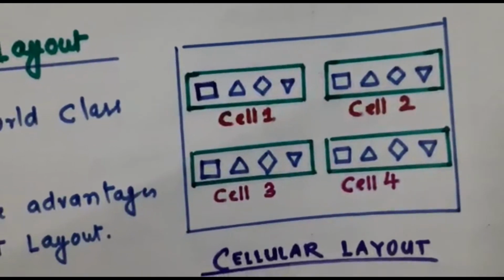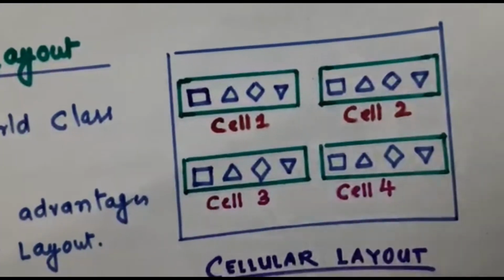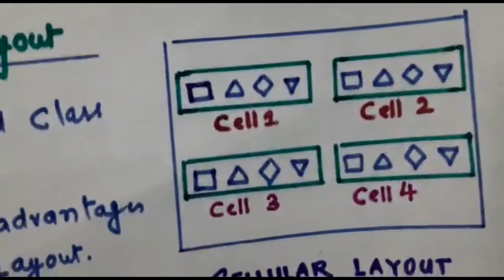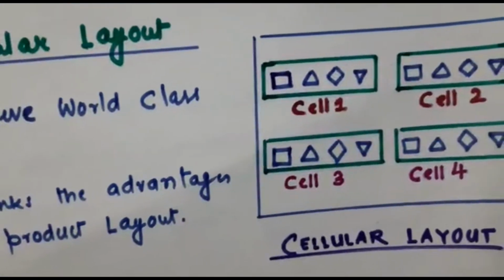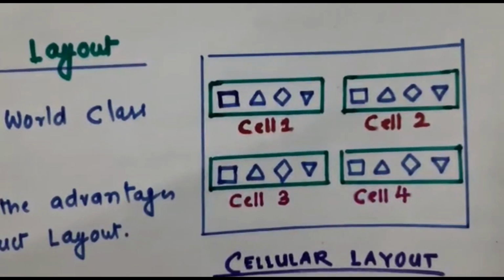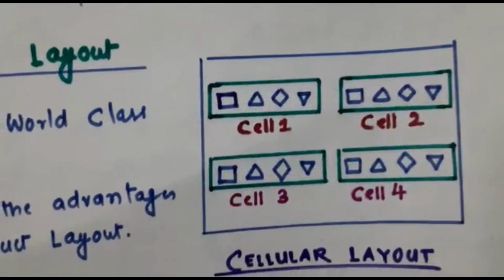Now, each cell has got operational autonomy because it has all the machines and equipment necessary to produce a product family, as well as the workers. It can gain operational autonomy through job rotation and training to the operators within the same cell.